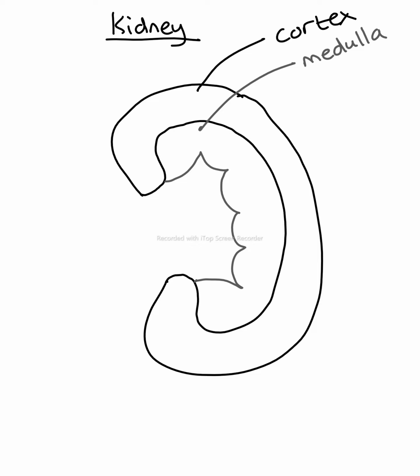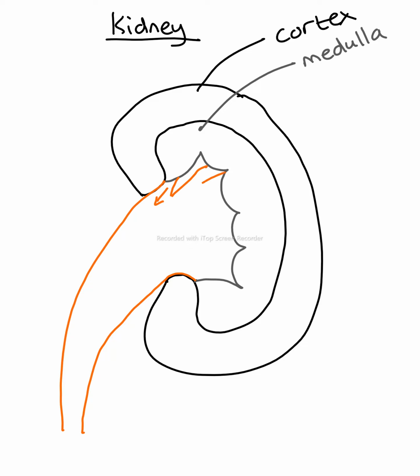Right, now what we need to do is, let's see if we can get away with this. So now we're creating the pelvis and the ureter. This is where all the waste comes out. So it comes out of the medulla. It'll come out there. So that's your little tube.